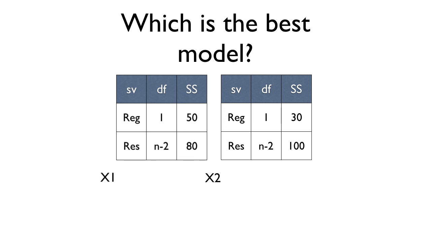Sum of squares 30 and 100. Of these two, not even looking at the final one I'm going to bring up, which is the best model? Which explains the most variance? Is it the one with just x1 in the model, or the one with just x2?